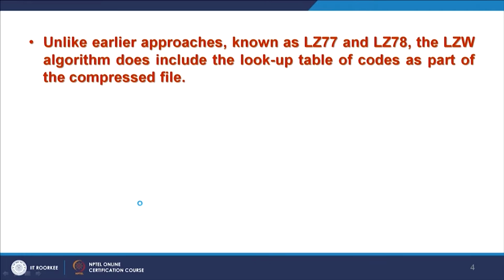Unlike other approaches known as LZ77 and LZ78, the LZW algorithm does include the lookup table of codes as part of the compressed file. The advantage of including this is that when it is transported to some other place and someone would like to uncompress it, there should not be any difficulty, and there should not be any loss to the quality of the data.